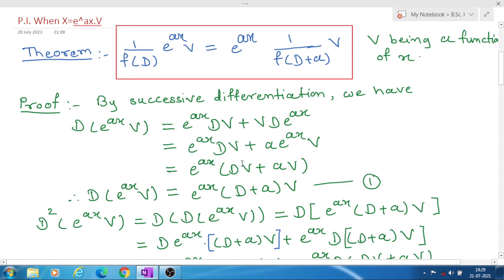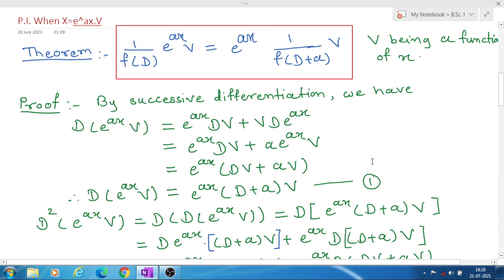So e raised to ax into the bracket remains Dv plus a v. Since D is operated on v, v is the operand, so we take it common on the right-hand side. Therefore into bracket remains D plus a, so D plus a operates on v. This is the first derivative: e raised to ax into D plus a operates on v.